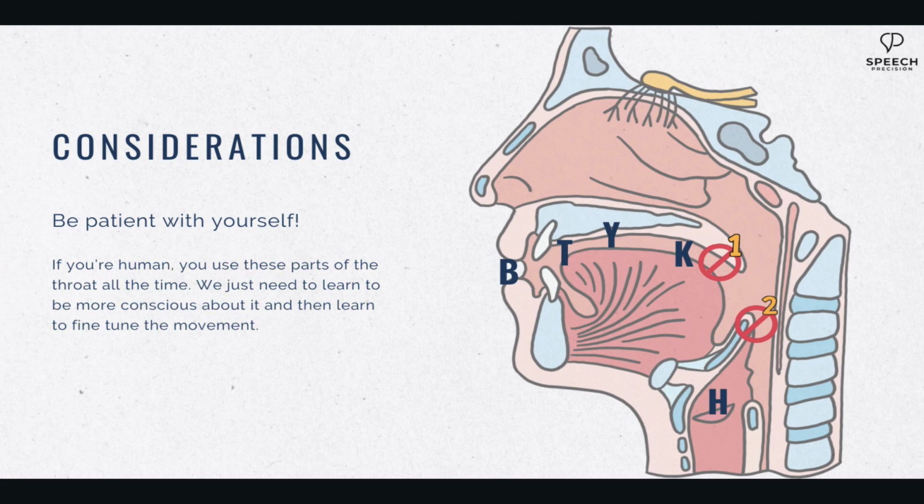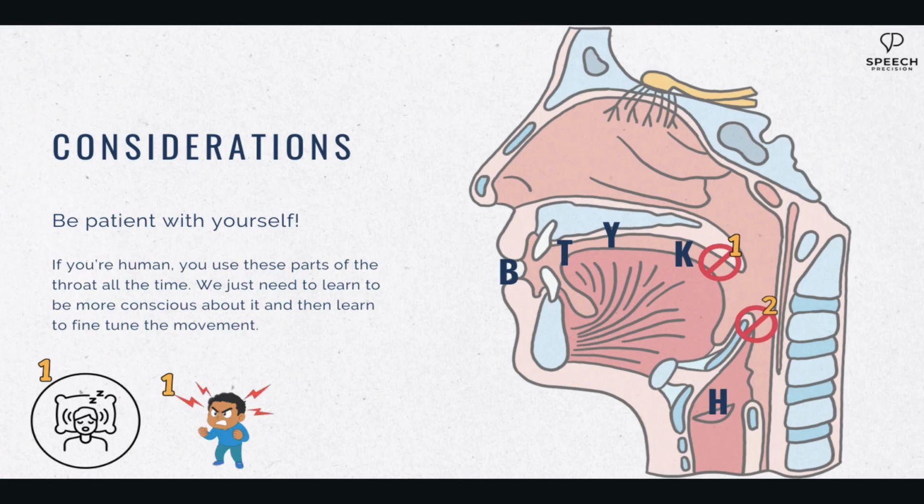So for example, the upper throat, if someone snores, what's happening there? The back of the tongue is going up towards the soft palate.